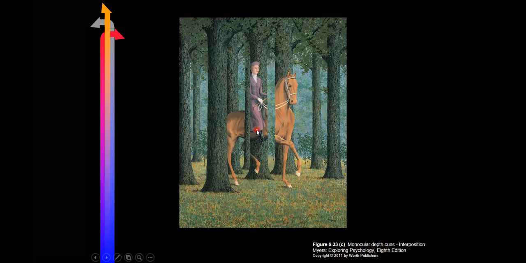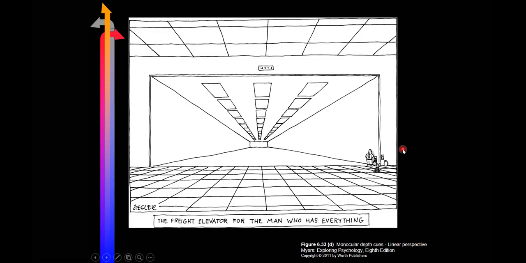Yeah, there are things here that you shouldn't be able to see that you do see, and there are things that should be blocking other things that are not blocking them. Like this tree ought to be blocking this person, right? So they've messed around with this interposition depth cue. I don't know if you like it. I don't like it that much, but maybe you do. But yeah, okay. How about this one?